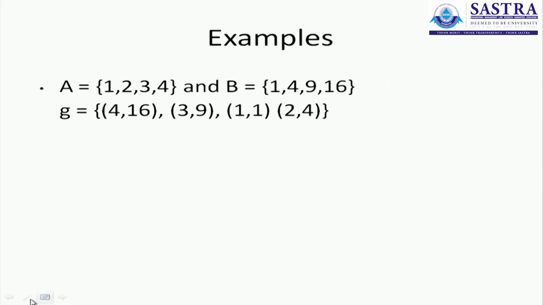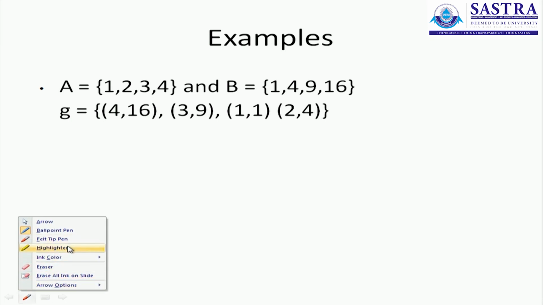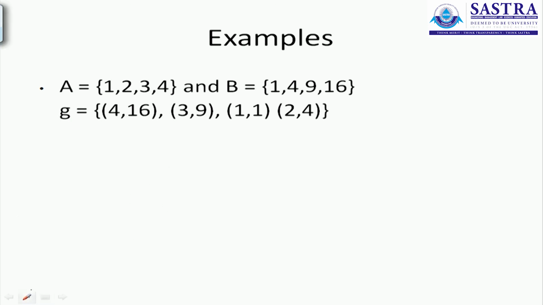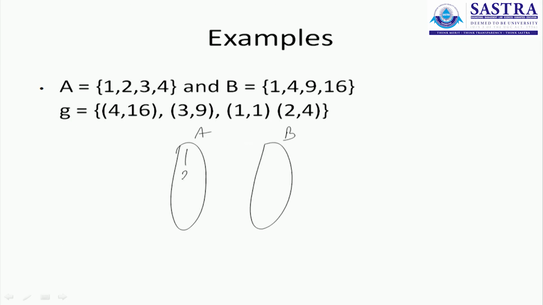Look at this. 1 2 3 4 going down to 1 4 9 16. So what happens if I draw this pictorial representation? You have 4 and 16, that's okay. 3 and 9, that's fine. 1 and 1, 2 and 4. Pretty much okay.